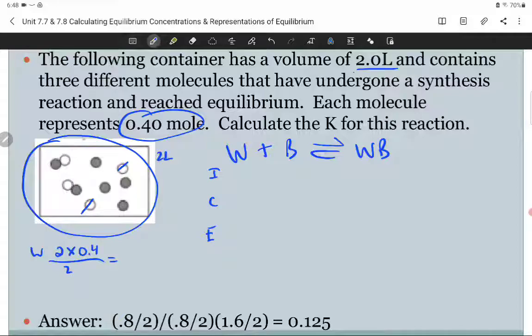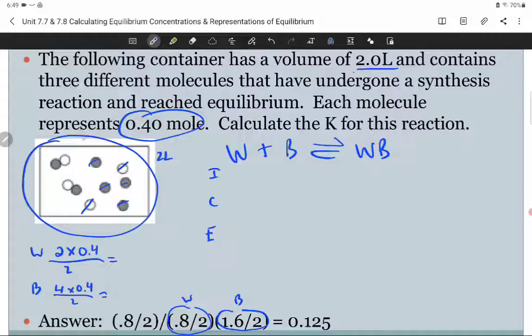No, not right there. It'll be this one, sorry. Okay, and then black. I have 4 times 0.4 divided by our 2 liters. And so 4 times 0.4 is 1.6, so that is that one. So this is for the white, this is for the black.